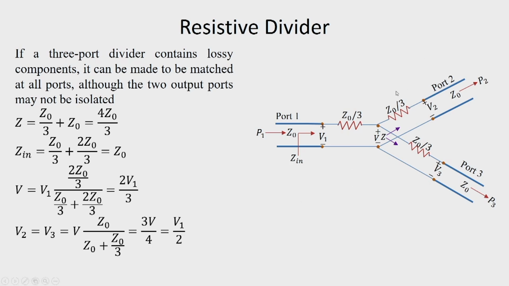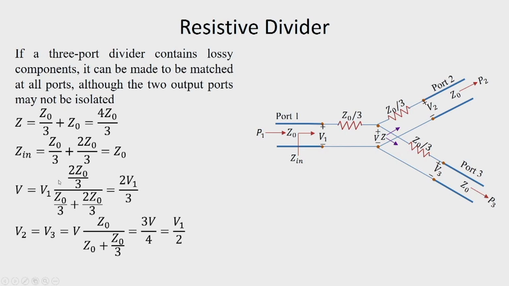So, at both port 2 and port 3, we essentially have half V1, the voltage at port 1.